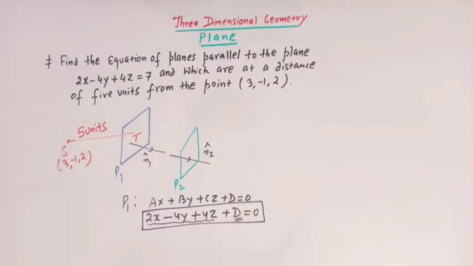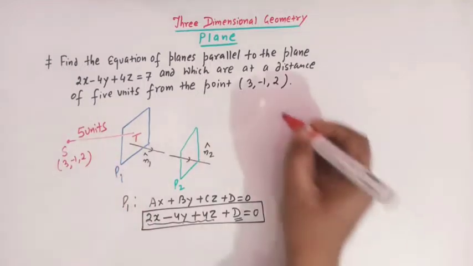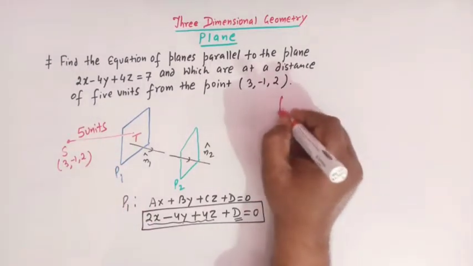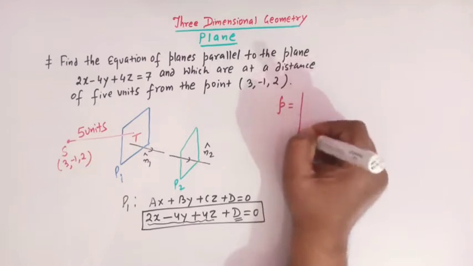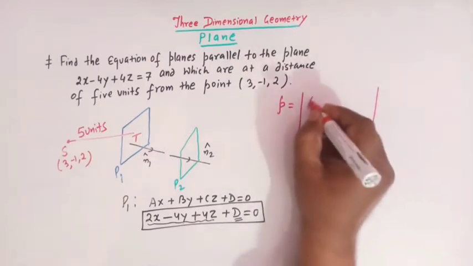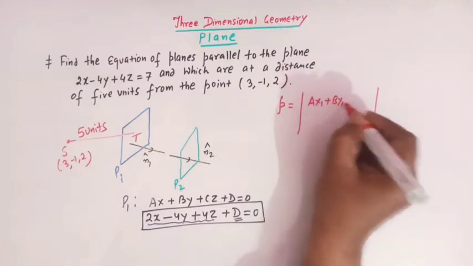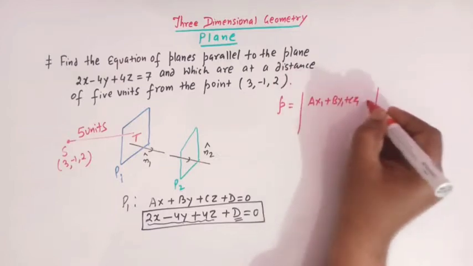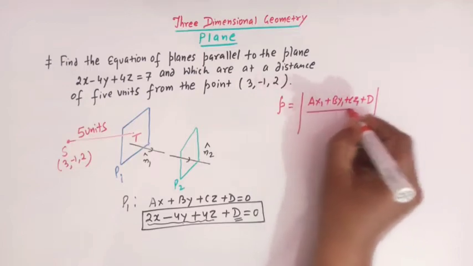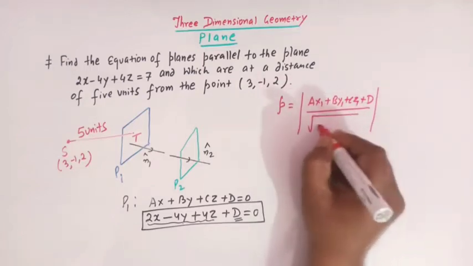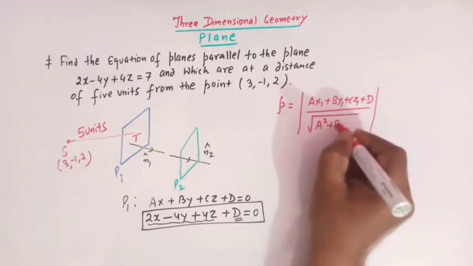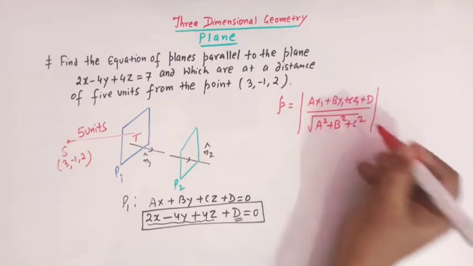Now viewers, we know that the distance of a plane from a point is given by, if p is the distance, then it is given by (ax1 + by1 + cz1 + d) divided by the square root of a square plus b square plus c square, right?